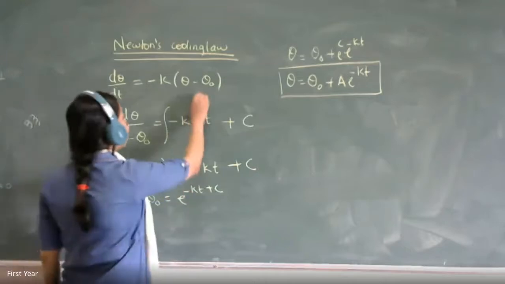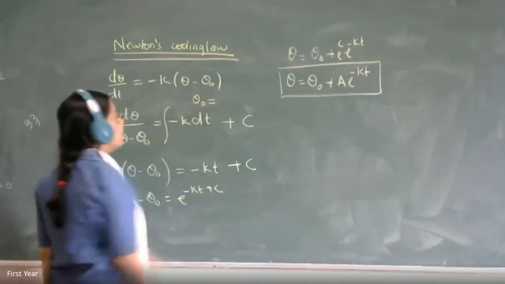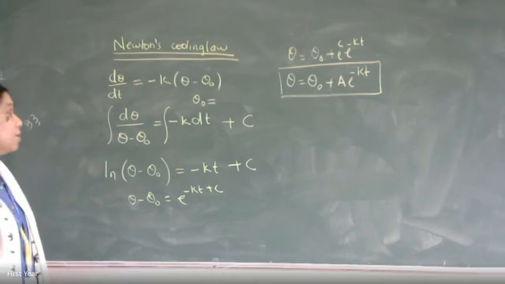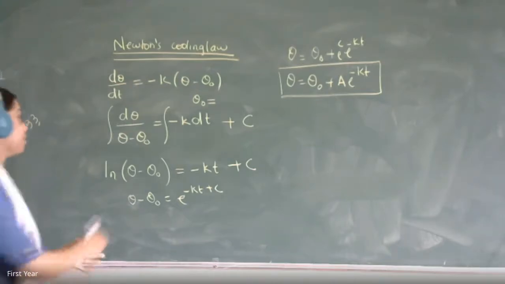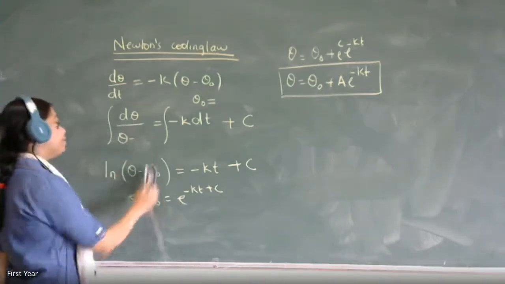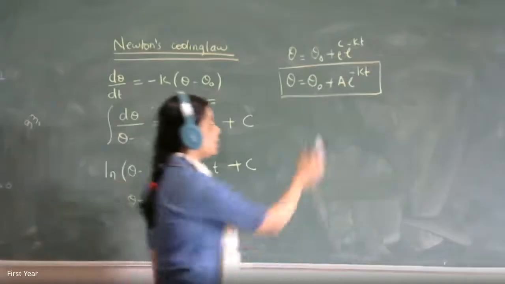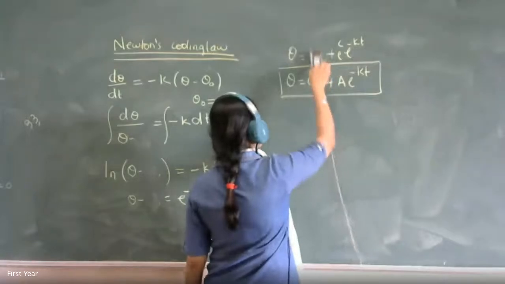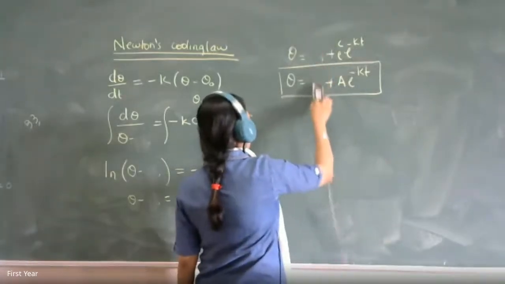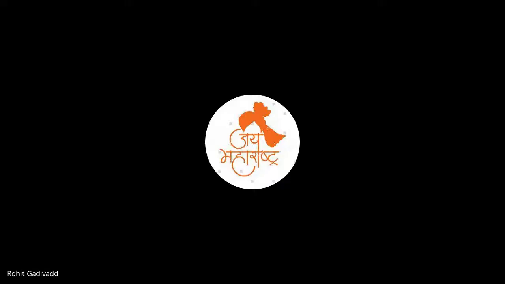Then what is theta naught? Now this is the important thing of this particular example. Read the question carefully and get the answer. 0 degree centigrade, 21 degrees.